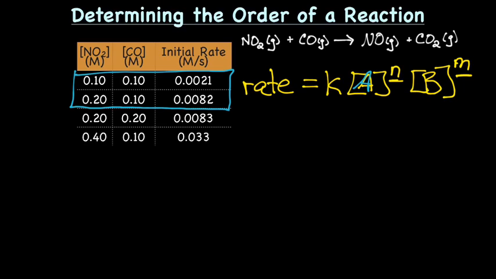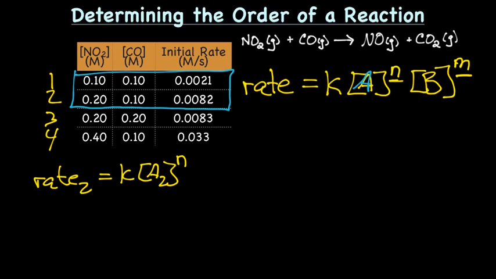We'll call this 1, 2, 3, 4. We'll go ahead and do rate 2 equals K, concentration A2 to the N, concentration of B2 to the M, and build the ratio again.